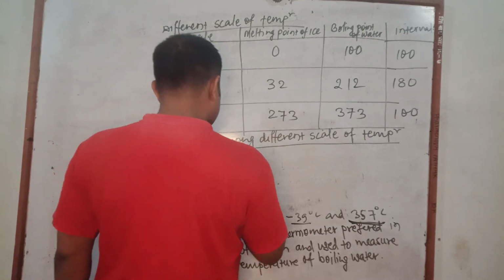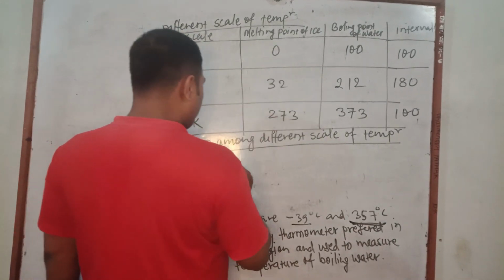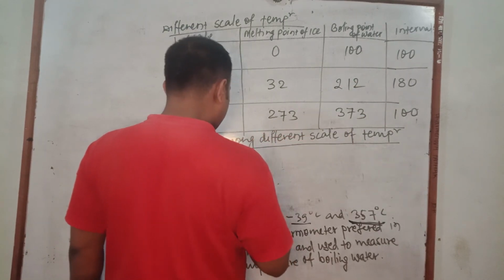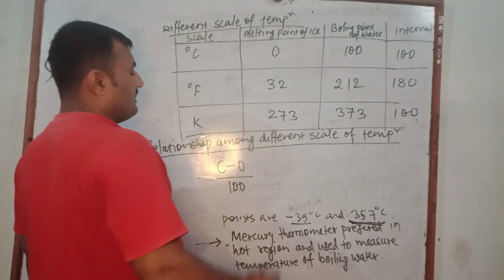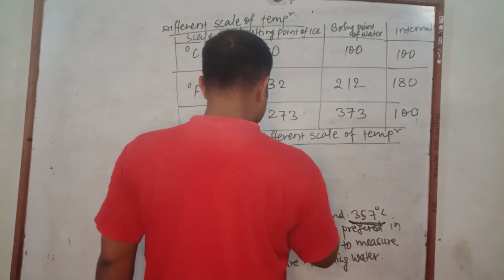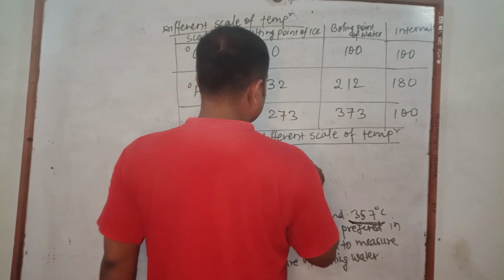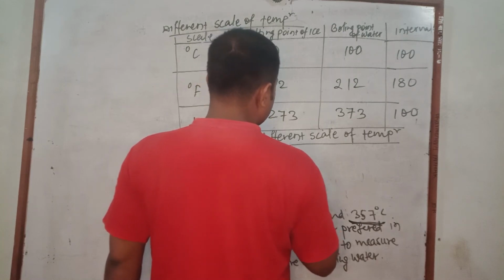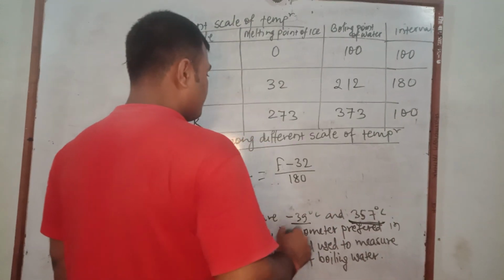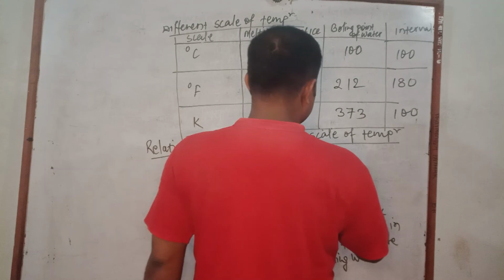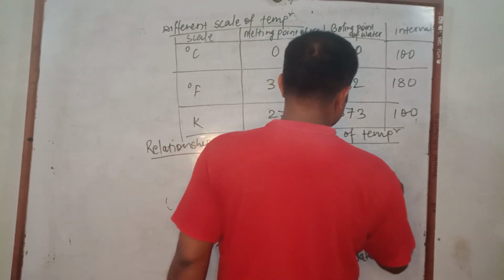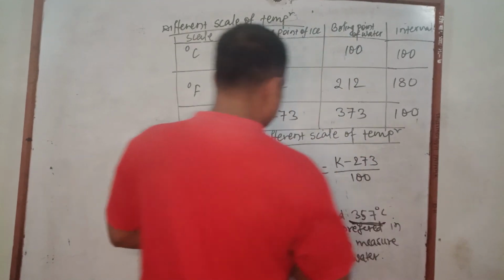Listen, at first that relation helps to convert one scale of temperature to another scale. At first Celsius, lower end point is 0. It is divided into 100 equal parts. After that, next is Fahrenheit. Lower end point is 32. It is divided into 180 equal parts. Other in Kelvin, it has a lower fixed point 273. It is divided into 100 equal parts.